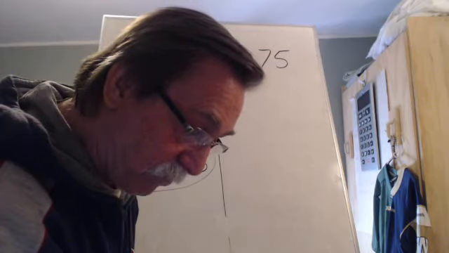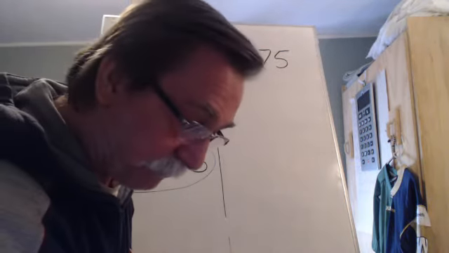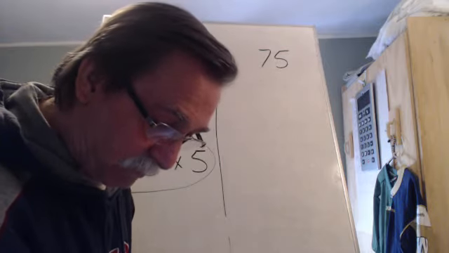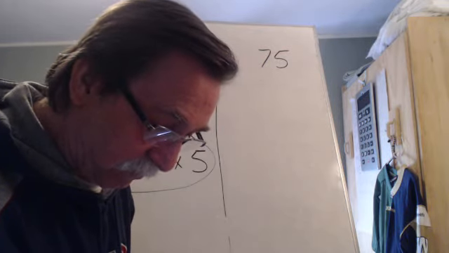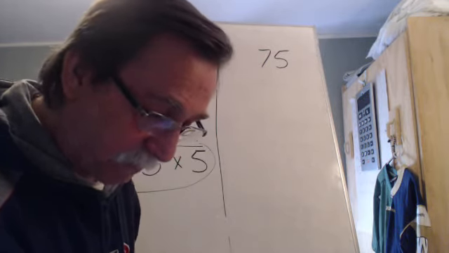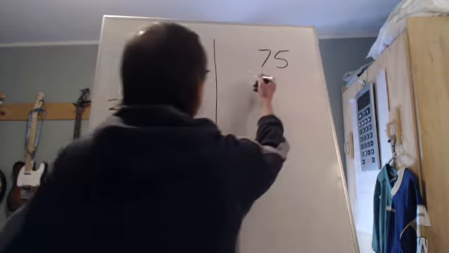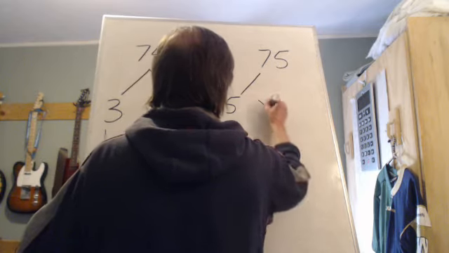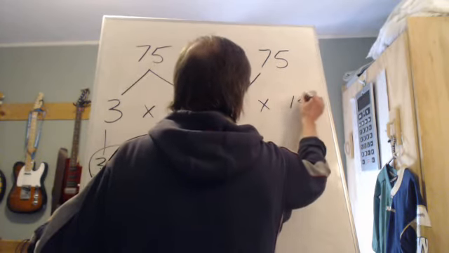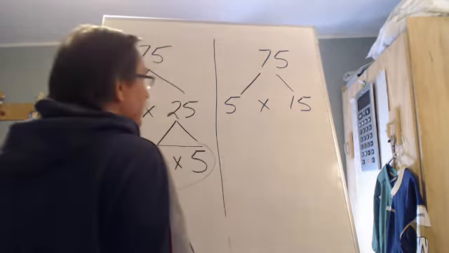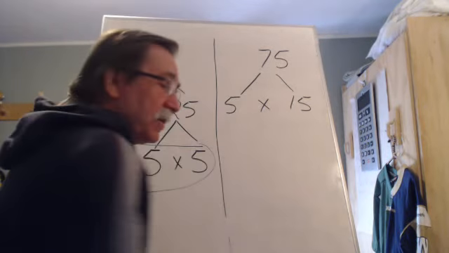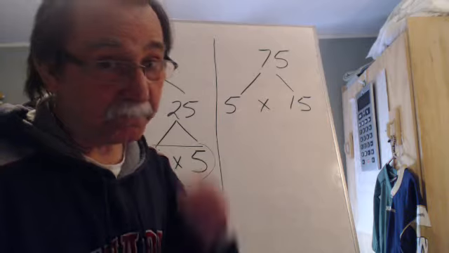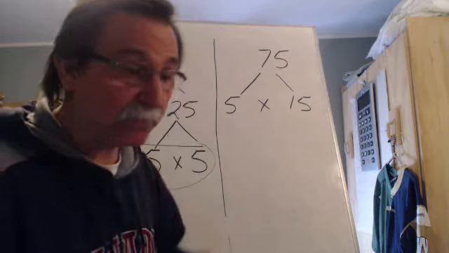I want you to go to the 5 column and all the way down until you get to 75. And you know what? We have 5 times 15. Good chance you may not be aware that 5 times 15 is 75, but now you know.